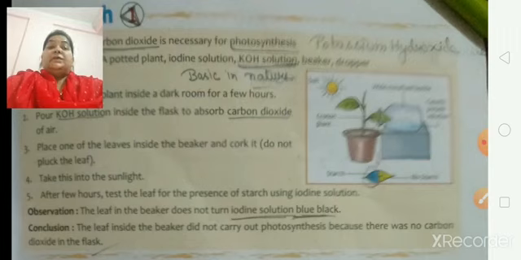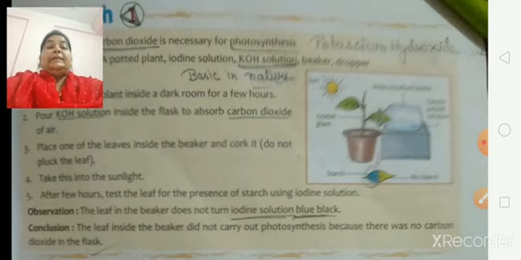As we started with the chapter Nutrition in Plants, nutrition is most important for each and every plant. In this we also learned about the modes of nutrition. The first mode was autotrophic. Clear?